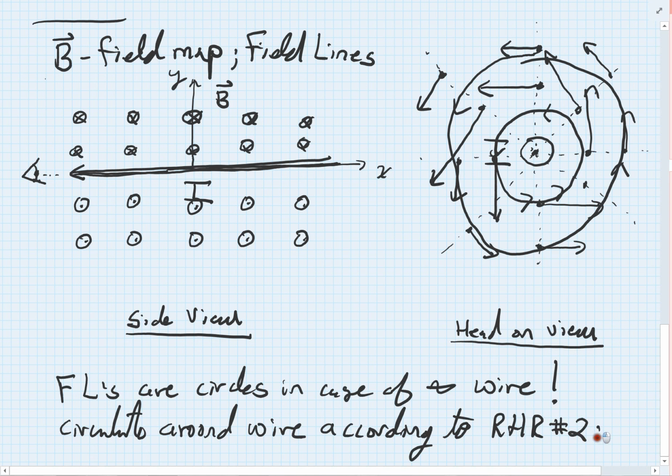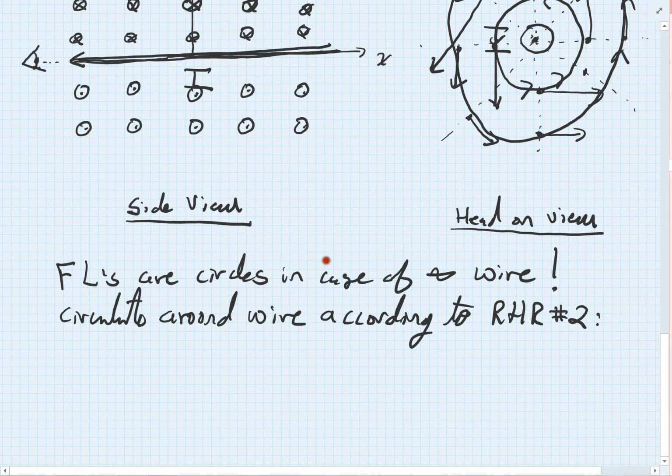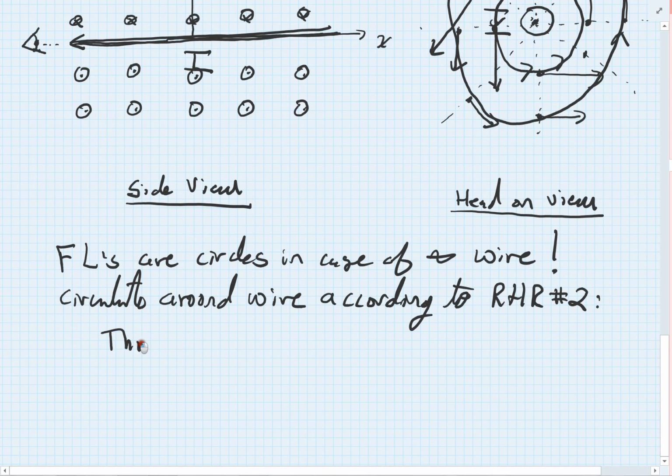And in this right-hand rule, what happens is you put your thumb along the direction of the current.